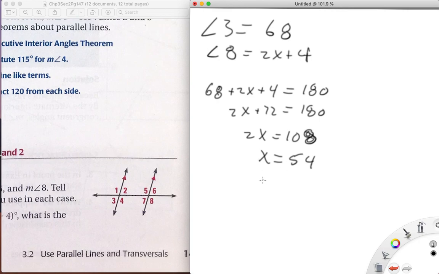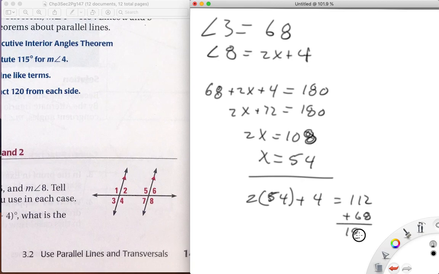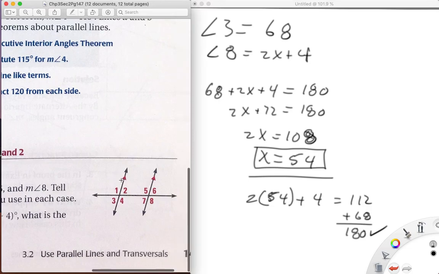And then to run a check, I plug that in. 2 times 54 plus 4, which is 108 plus 4, which is 112. And 112 plus 68 is 180, so it works. X is 54. Okay.